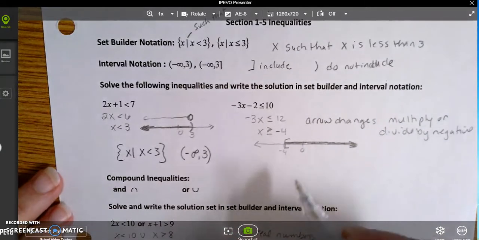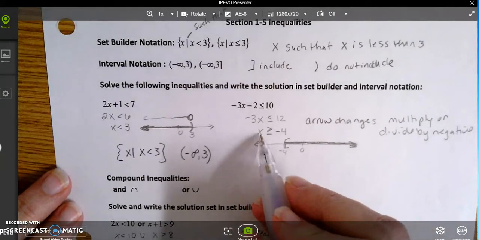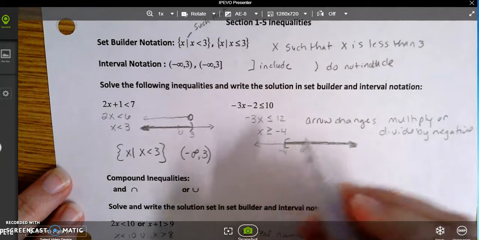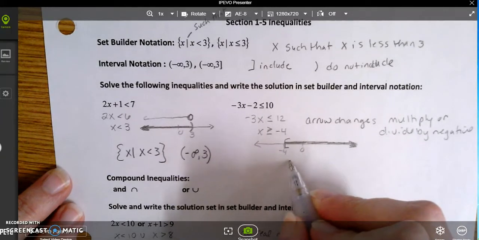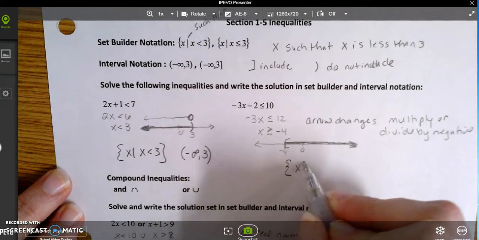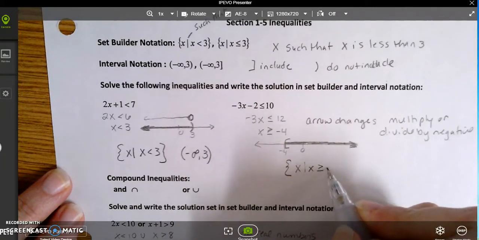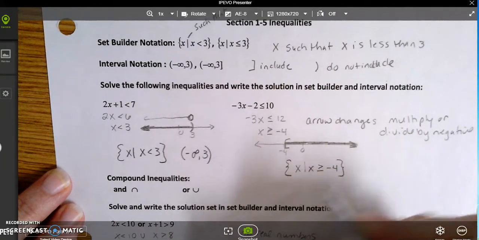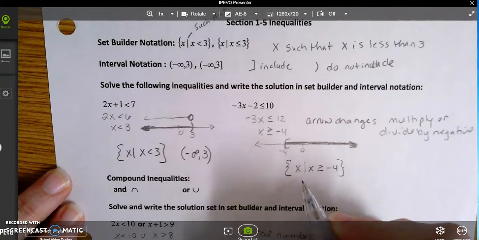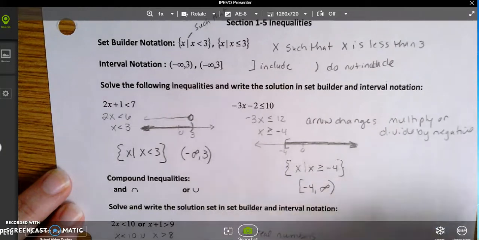All right, and so then we would end up with the values of x is greater than or equal to negative 4. So then in set builder notation, it would be x such that x is greater than or equal to negative 4. And in interval notation, you would say from negative 4 to positive infinity.